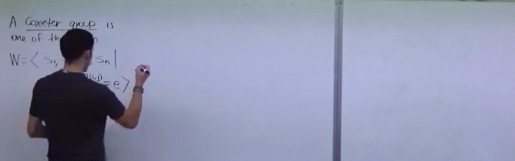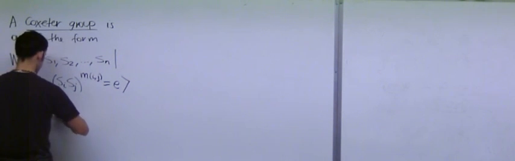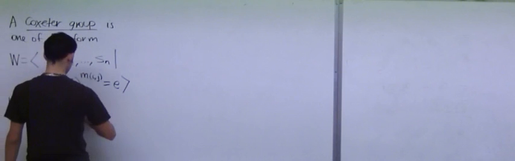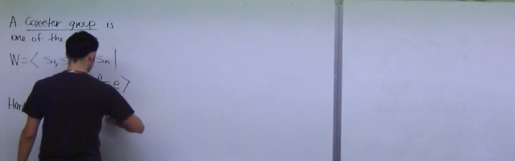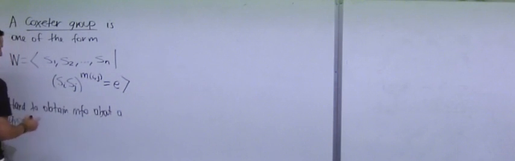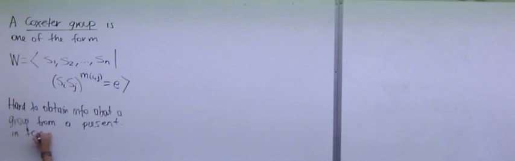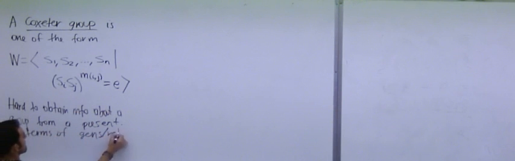Okay, so it's hard to obtain information about a group if we know just one of these presentations, a presentation in terms of generators and relations.